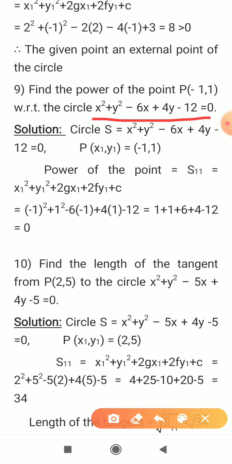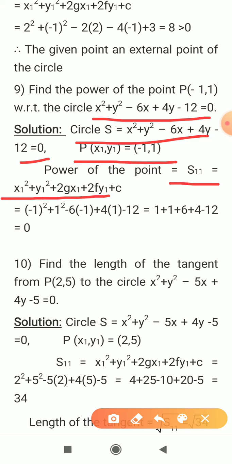For that, first we let the given circle be S. Always write the given circle equation as S is equal to 0. The given point is (x1, y1). So the power of the point is S11, which is x1 square plus y1 square plus 2gx1 plus 2fy1 plus c.